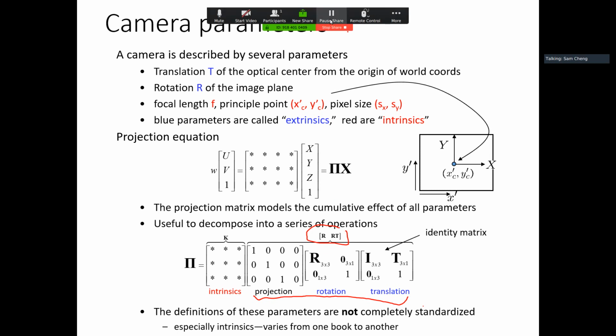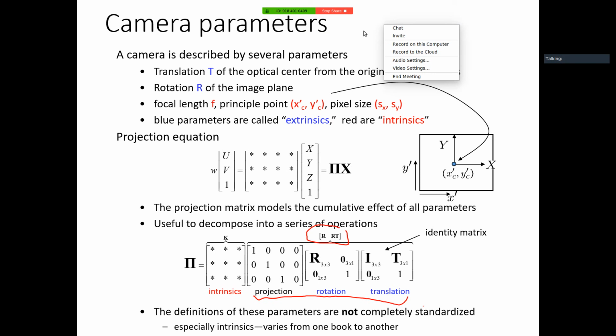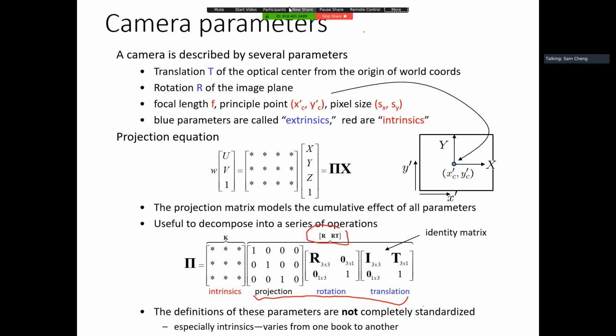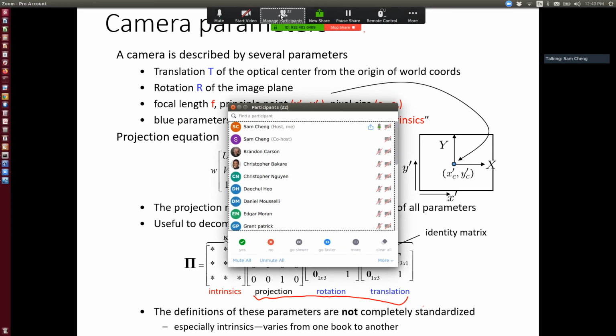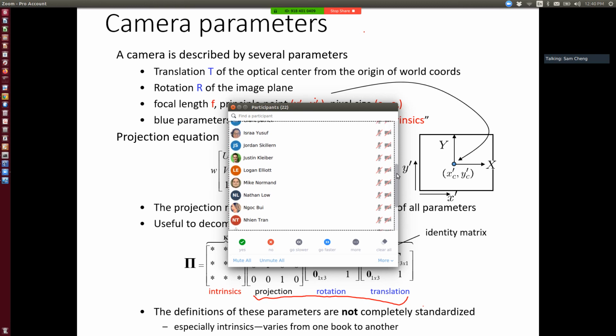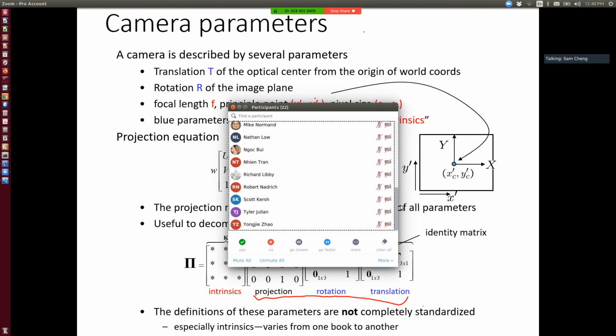Let me see if any of you are actually here. I don't know how I can see participants, it's not showing participants. Anyway, is anyone following?